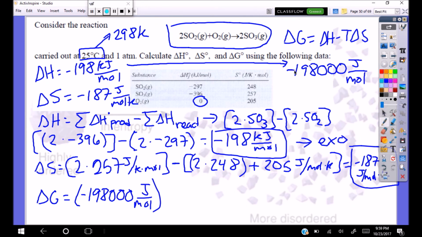That's what I was given here. All right. Minus 298 K times negative 187 joules per mole K.